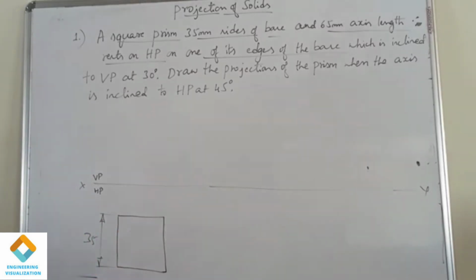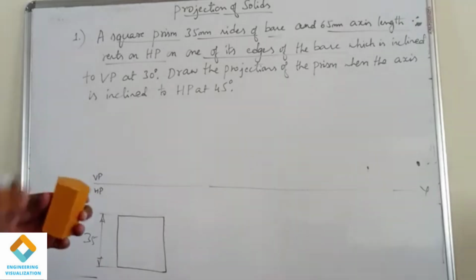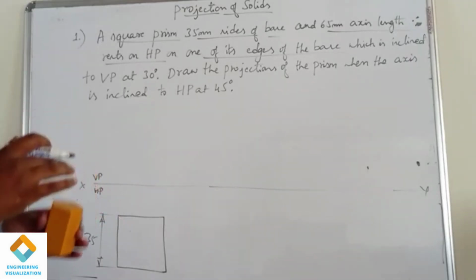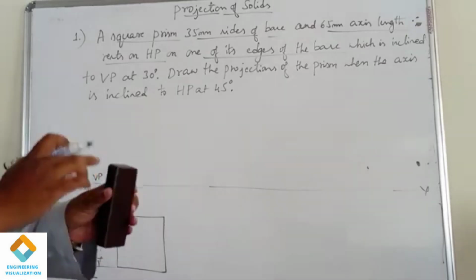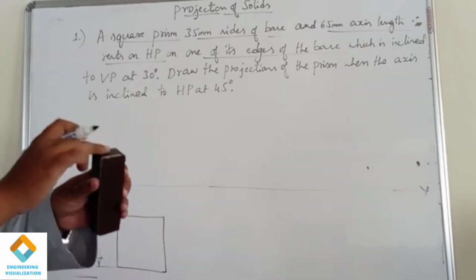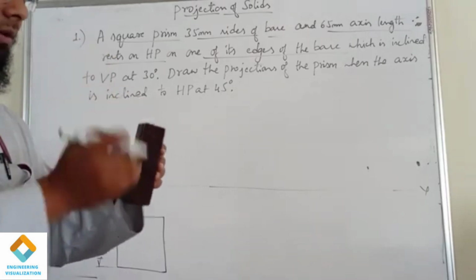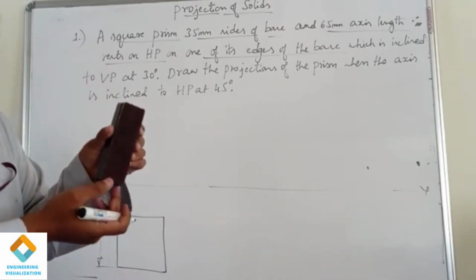In the square prism, we have two faces, top face and bottom face. Top face will give A, B, C, D, which is visible to us, and the bottom face, which is not visible from the top view, will give A1, B1, C1, D1, in bracket.